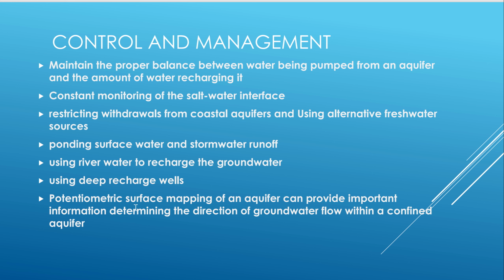Then potentiometric surface mapping of an aquifer can provide important information determining the direction of groundwater flow within a confined aquifer. Basically mapping an aquifer to know the direction of groundwater flow. Using deep recharge wells, we can supply water into freshwater aquifers from an external source.